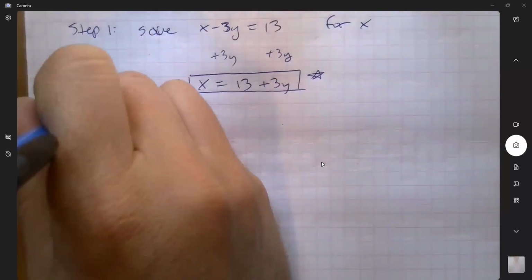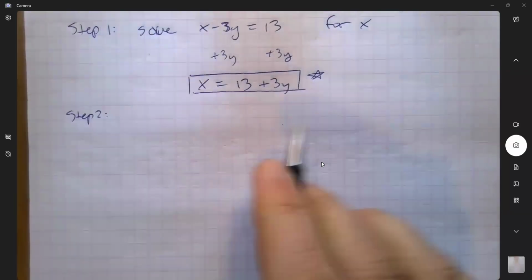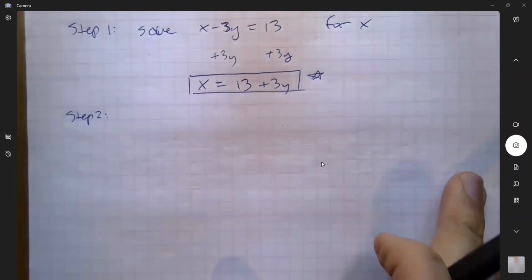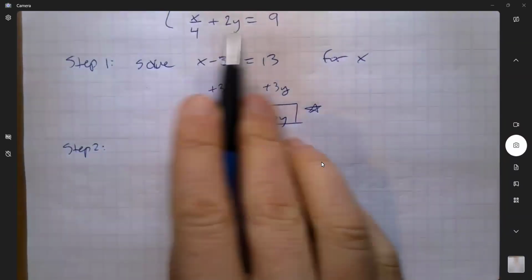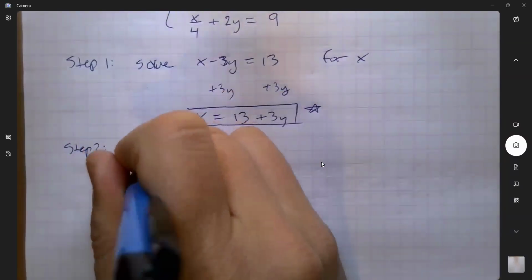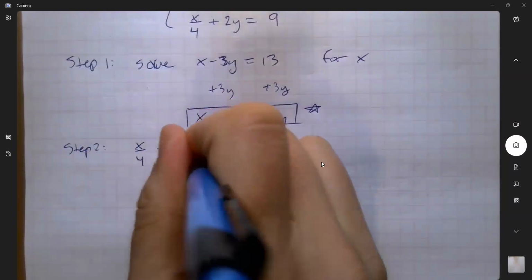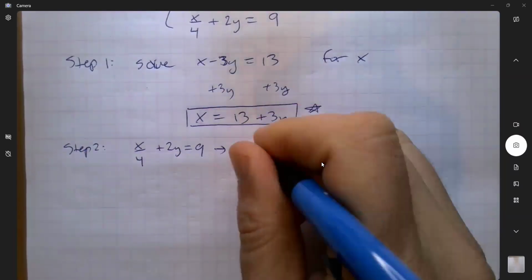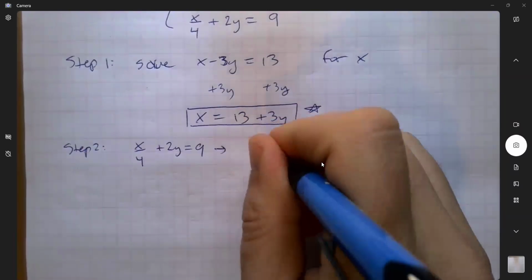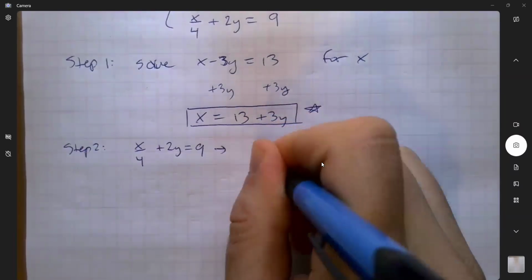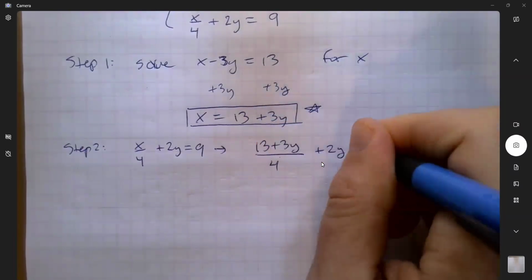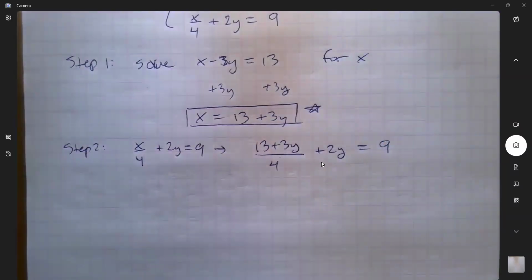My next step is to use this starred equation in my other original equation. So my x over 4 plus 2y equals 9 becomes x, which is 13 plus 3y, over 4, then plus 2y equals 9.